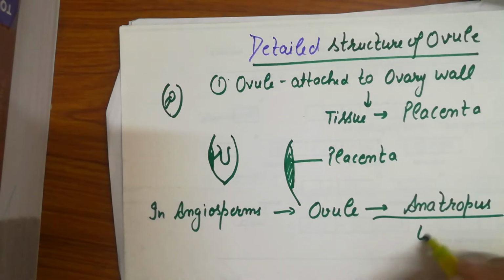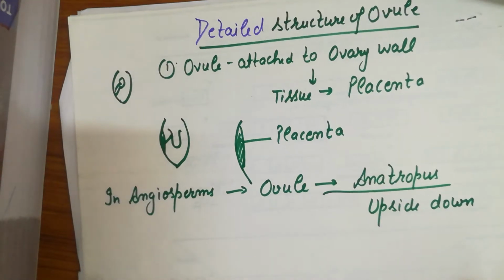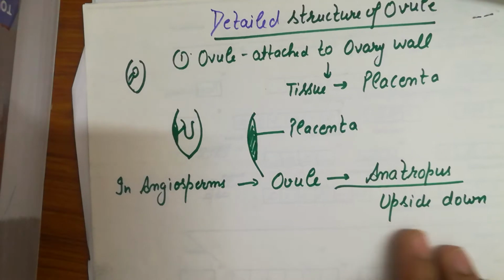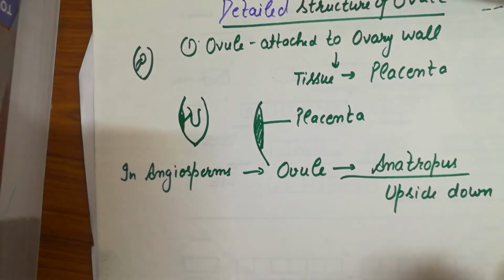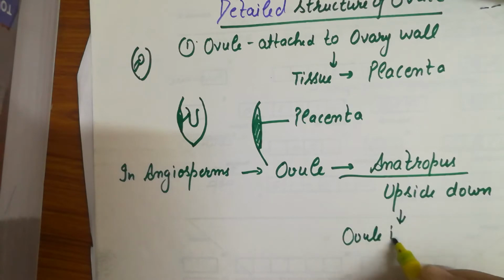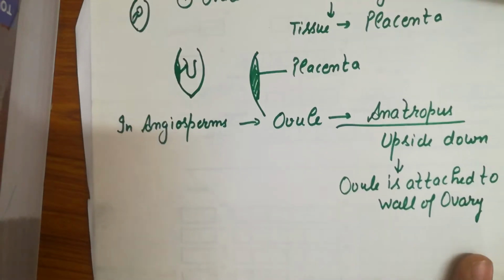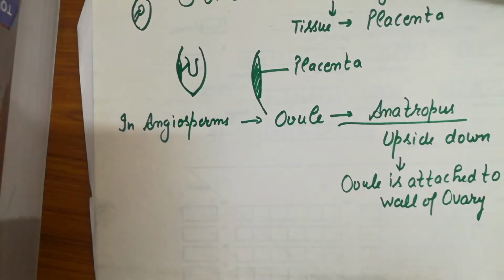Anatropous means upside down. As we discuss the structure, you will get more clear what is upside down. The ovule is attached to the wall of the ovary with the help of the tissue known as placenta.